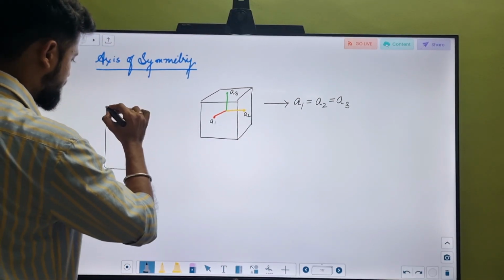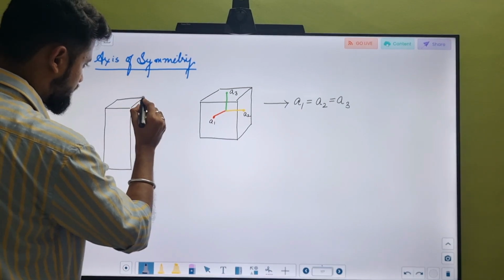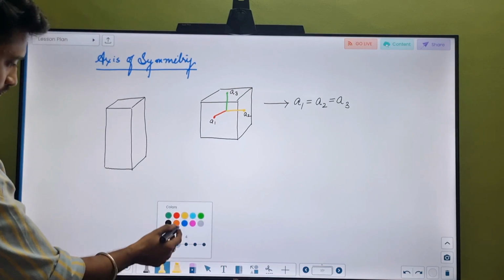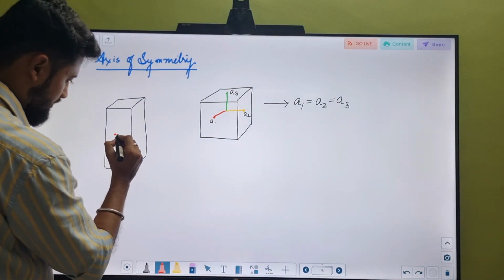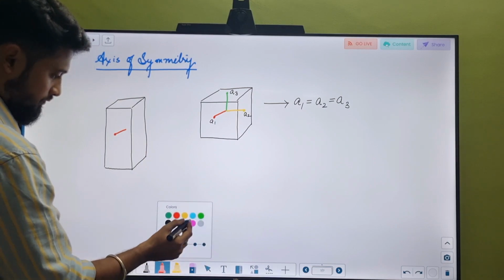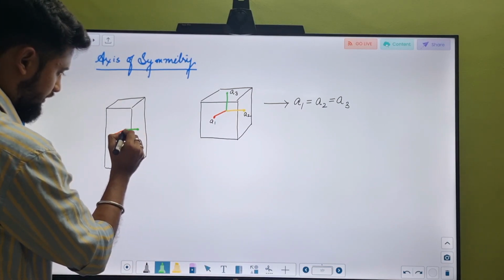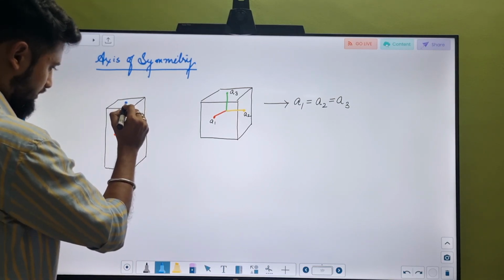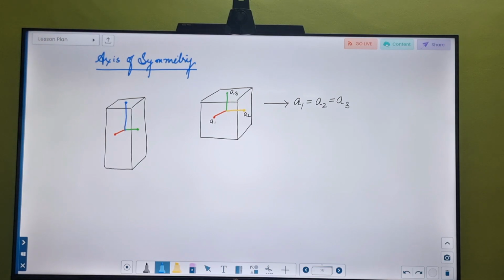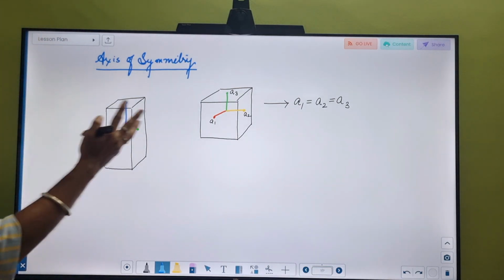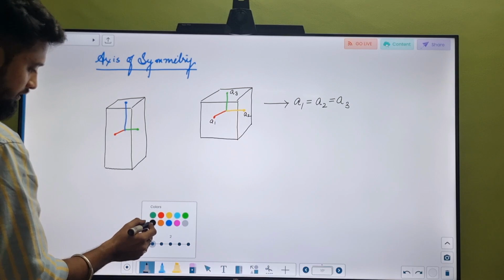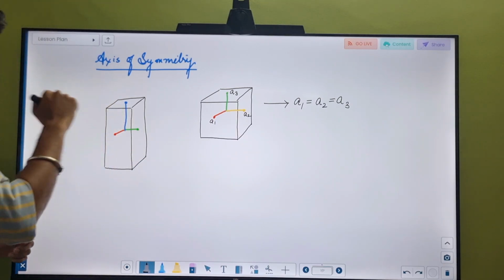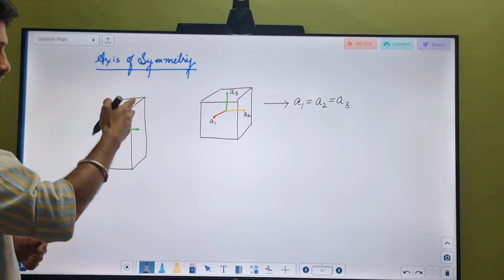If I take a different crystal, let us understand what happens in this case. One face is here, draw it to the center. One more face is here, I'll draw it to the center. And one more face is here, I'll draw it to the center. So here these axes are different. This axis and this axis are cutting the faces at an equidistance, but this is cutting at a different length.